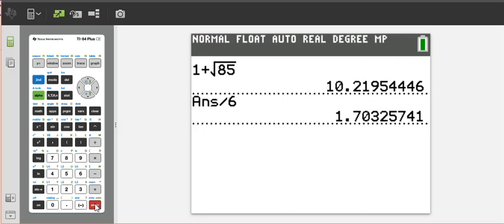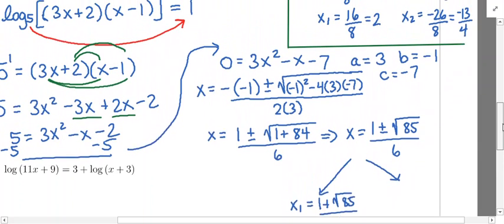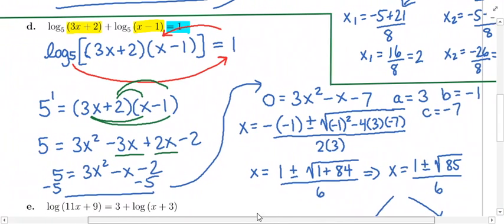So it's approximately 1.703. I'm going to jot that down. I need to see if this is my x value.